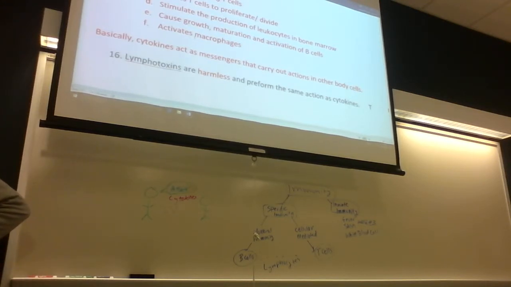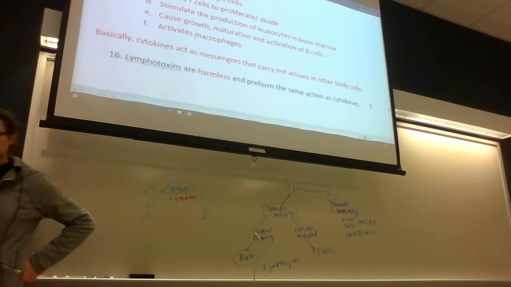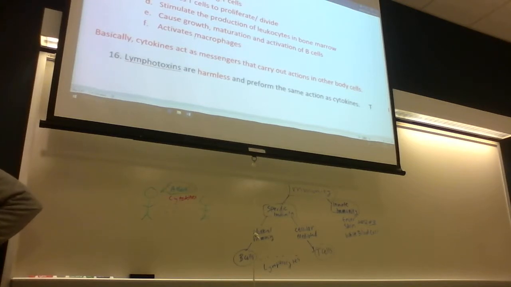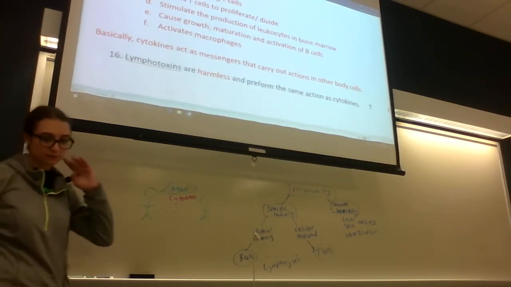Cytokines cause growth, maturation, and activation of B cells. And T cells also activate macrophages. So, pretty important. You kind of need your cytokines for quite a bit of things.